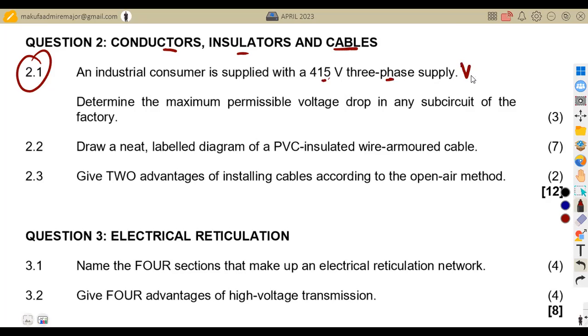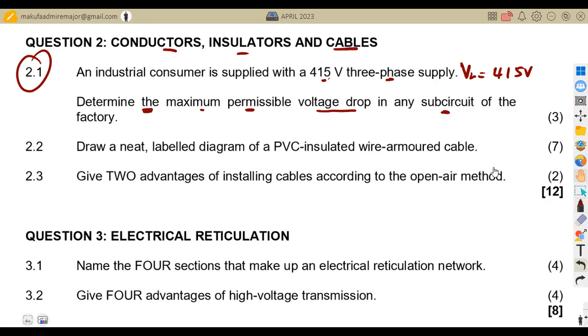So you're given the line voltage of 415 volts. Then we are asked, determine the maximum permissible voltage drop in any subcircuit of the factory, in any subcircuit. Meaning to say the subcircuit now, we are now talking about the phase voltage affecting there.